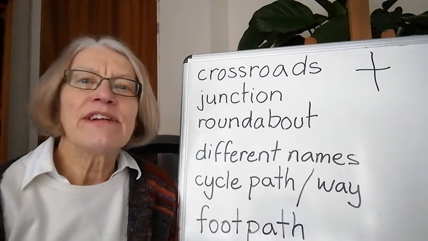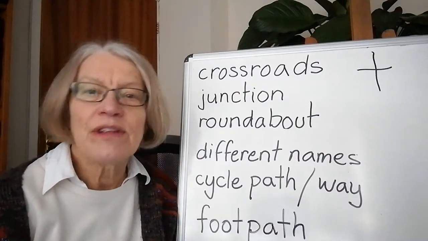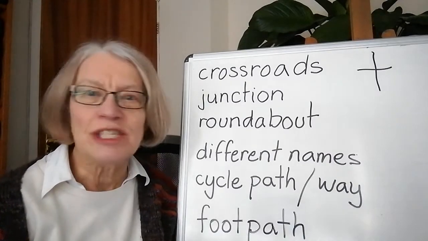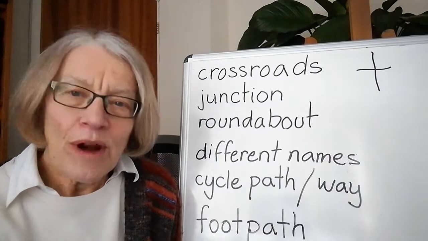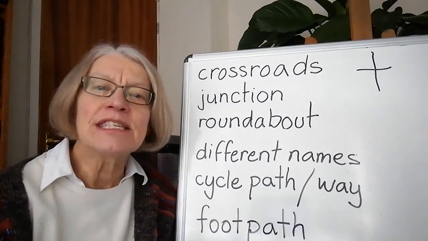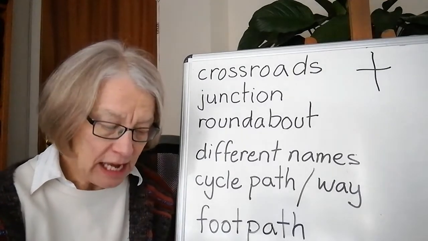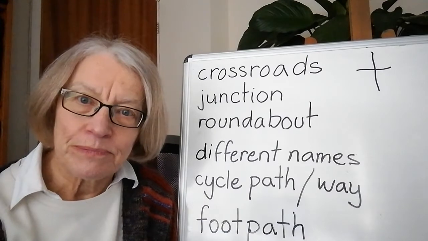There are lots of other different kinds of road junctions and names of things to do with road junctions, but I'm not going to do all of those now. What I'm going to show you are some different kinds of words that we might use for road names.